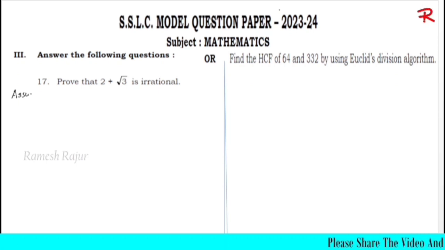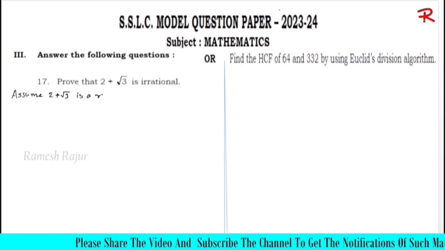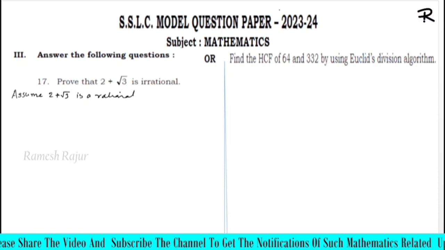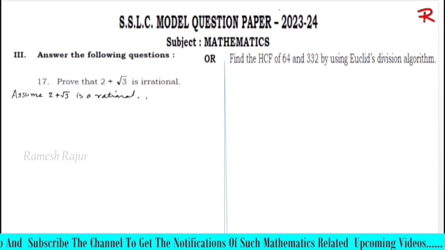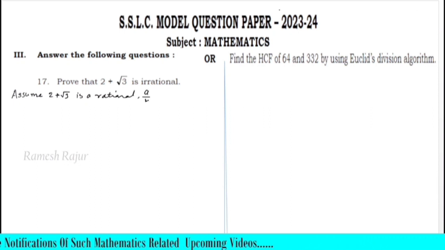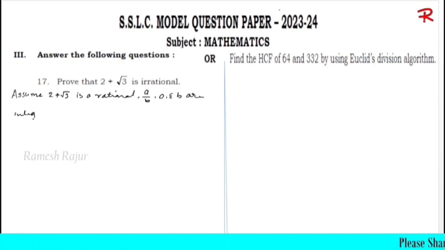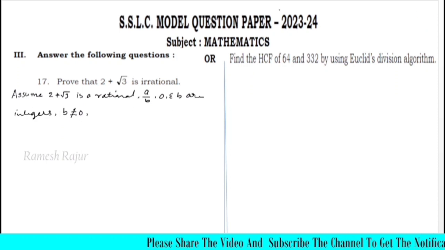Assume 2 plus root 3 is rational. When this is rational, it can be expressed in the form of a by b, where a and b are integers and denominator b is not equal to 0.